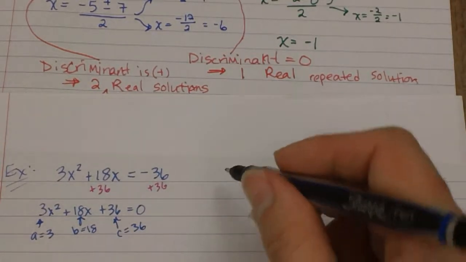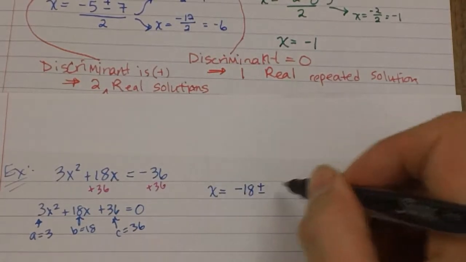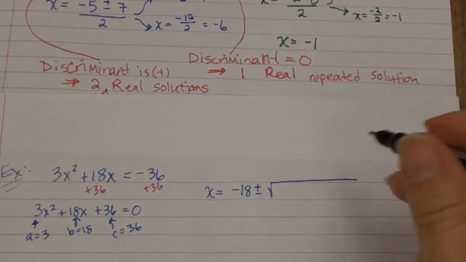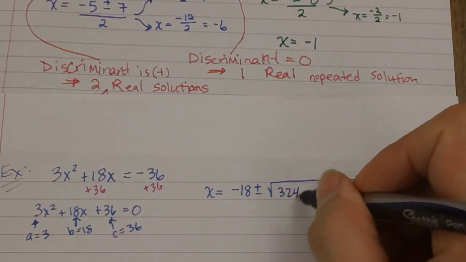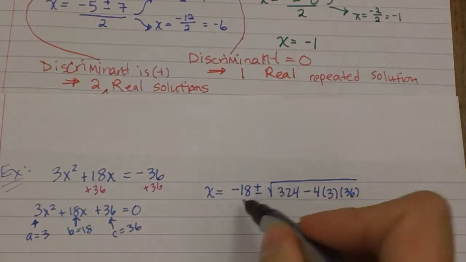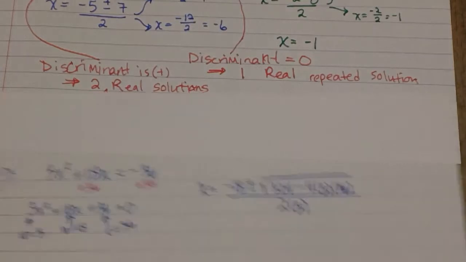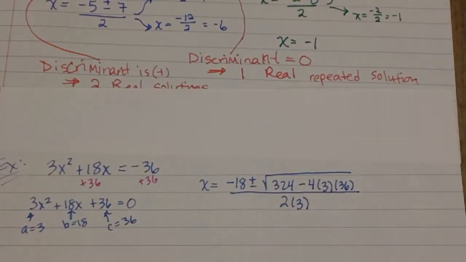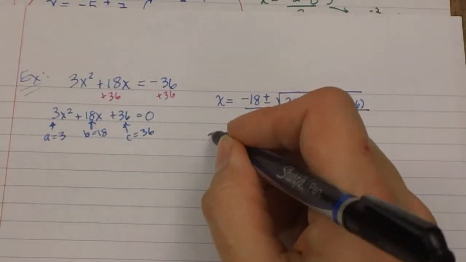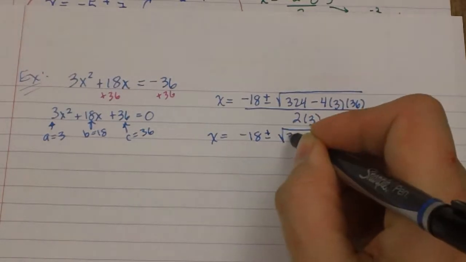Okay, so let's work the formula. x equals opposite b plus or minus the square root of b squared. 18 squared is 324 minus 4ac, divided by 2a. This problem has a lot bigger numbers, but that's okay. So x equals negative 18 plus or minus the square root of 324.